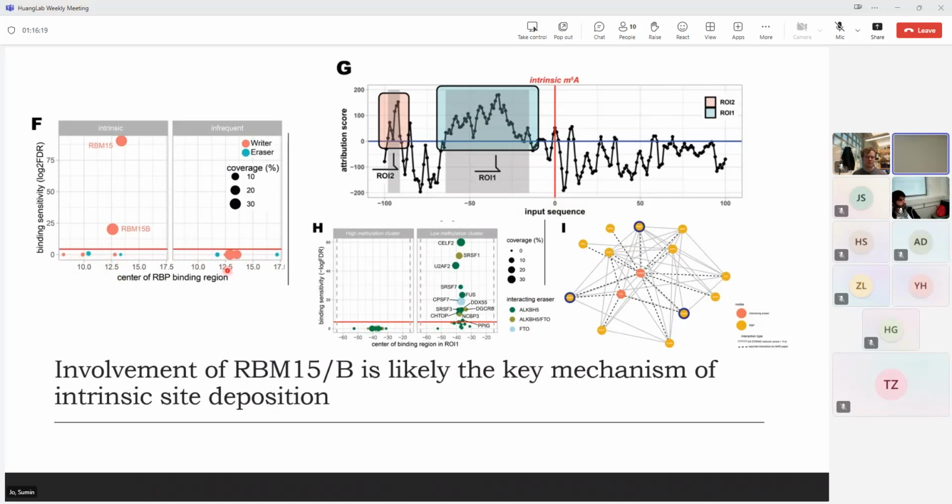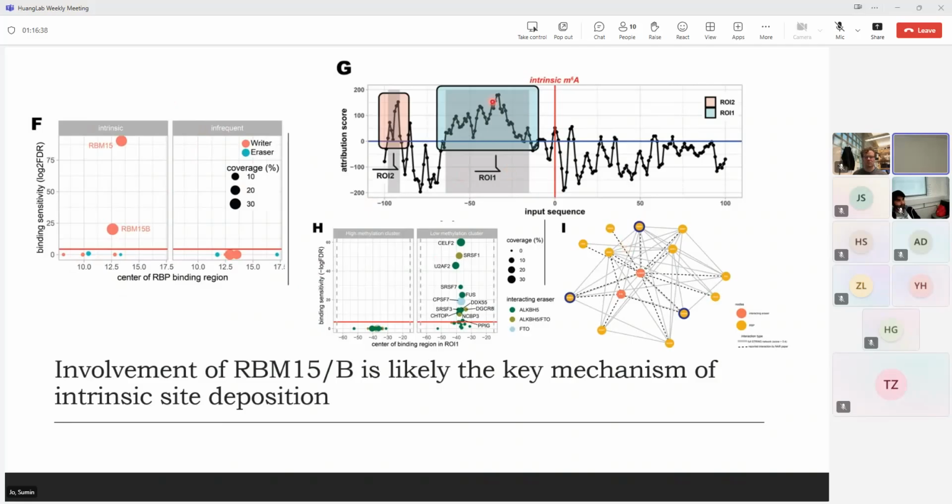So there is no different binding enrichment between the intrinsic versus the infrequent sites for the erasers, so nearby eraser binding is not affecting the methylation level.